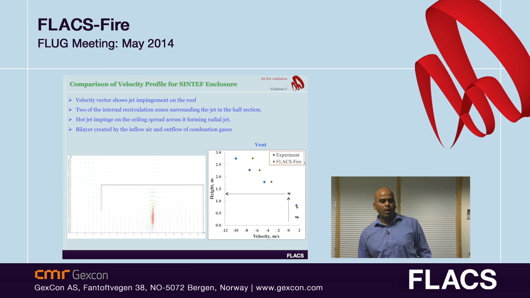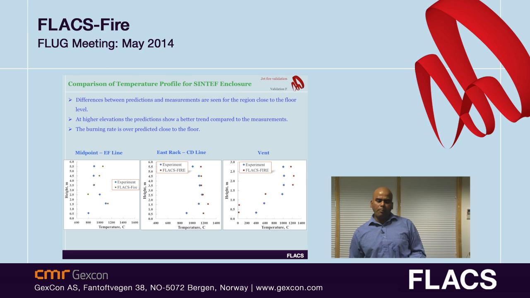This picture shows the comparison of velocity profile for the SINTEF enclosure case. Here we have compared the FLACS-Fire and experimentally measured velocity profile. The smoke layer height even for this case is predicted very nicely by FLACS-Fire. The comparison between the temperature profile from the experimental measurement as well as the FLACS-Fire simulation is shown here.